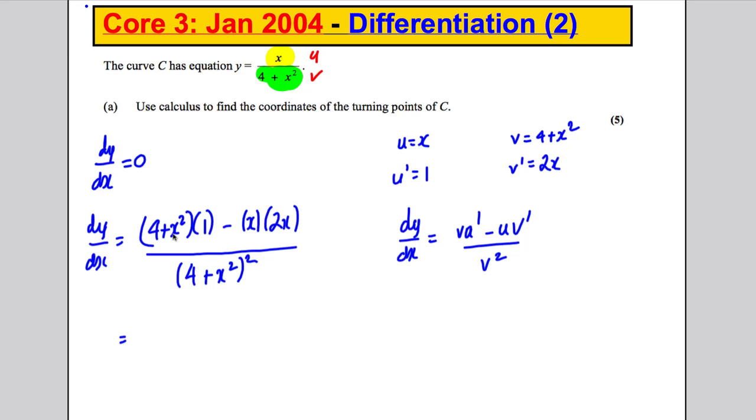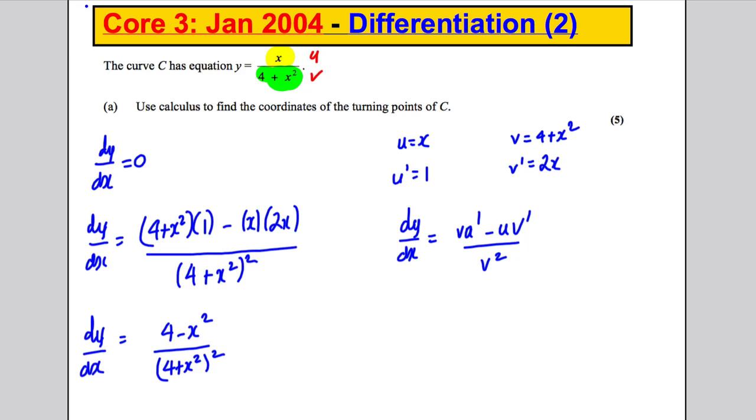And if we work this out, this would be 4 plus x squared, subtract 2x squared. So it would be 4 subtract x squared over 4 plus x squared, all squared.